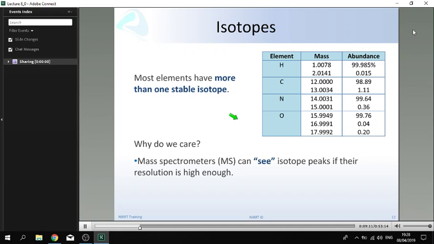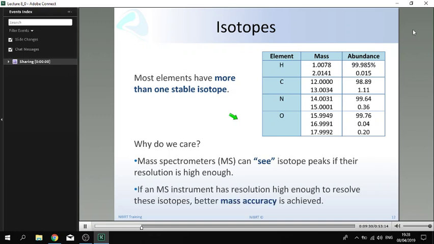Okay, why do we care about these isotopes? We care about them because mass spectrometers are actually so sensitive that they can see isotope peaks. So they can actually separate your components depending on their isotopes as well, if the resolution of that mass spectrometer is high enough.